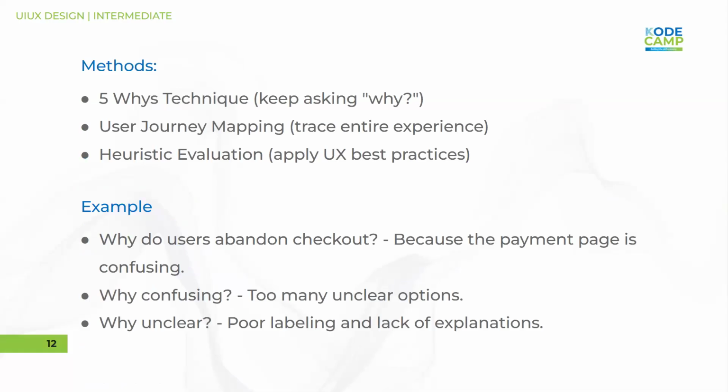Keep asking why, like a child, like you're asking your father, why should we do this, why should we do that? Keep asking why. Then another method we can use is user journey mapping. Walk through the entire process, and we have what we call heuristic evaluation.